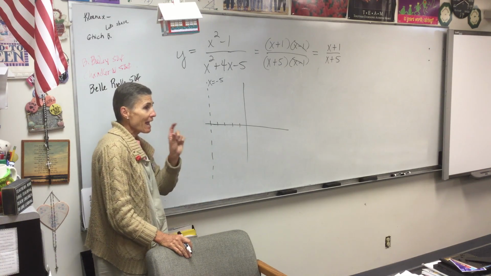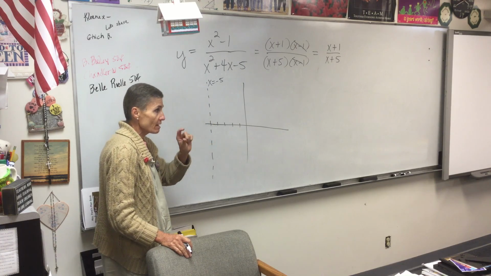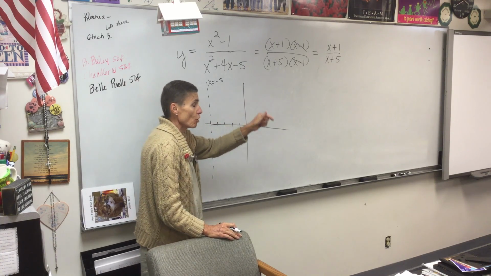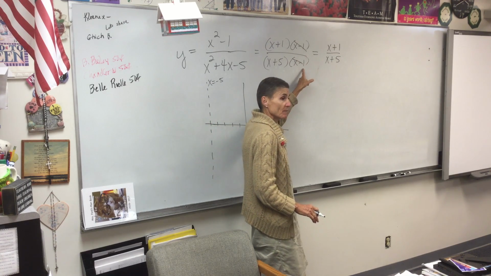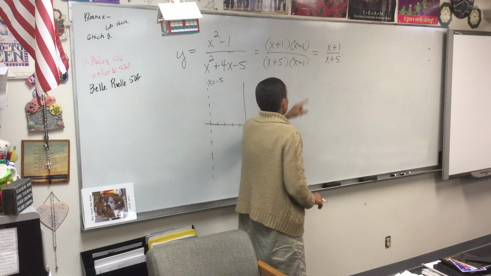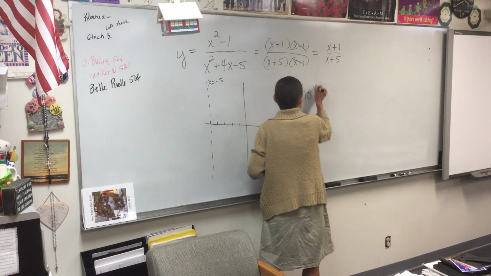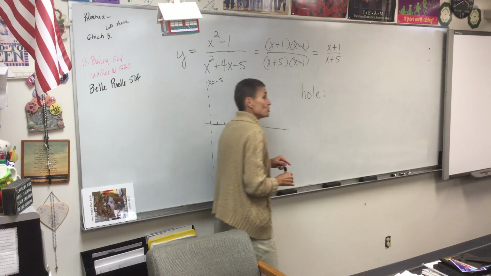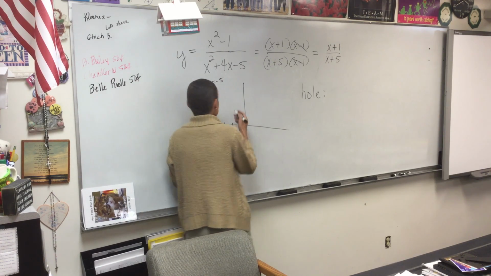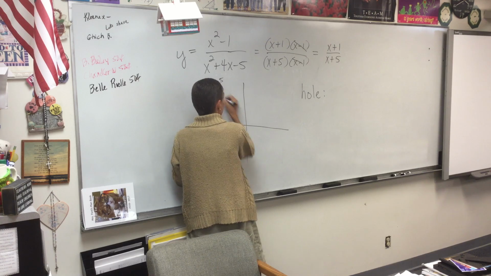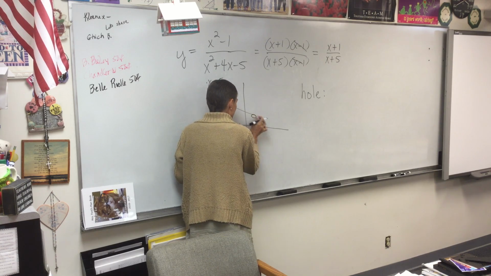But now I'm going to add to that. Knowing what's coming up, I'm going to branch off and talk about what it means when something cancels. When something cancels out of your problem, you have what's called a hole, which simply means whatever this picture looks like, there's going to be an opening in it.